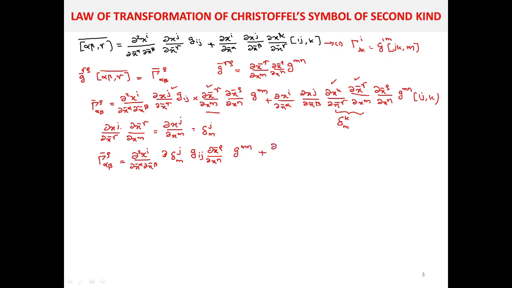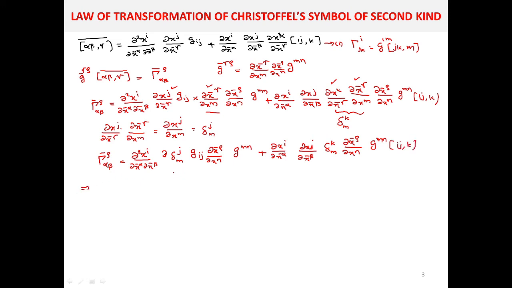The second term ∂xⁱ/∂x̄^α ∂xʲ/∂x̄^β, this can be replaced with the Kronecker delta km, and then ∂x̄^ρ/∂xⁿ gᵐⁿ and Γᵢⱼₖ.